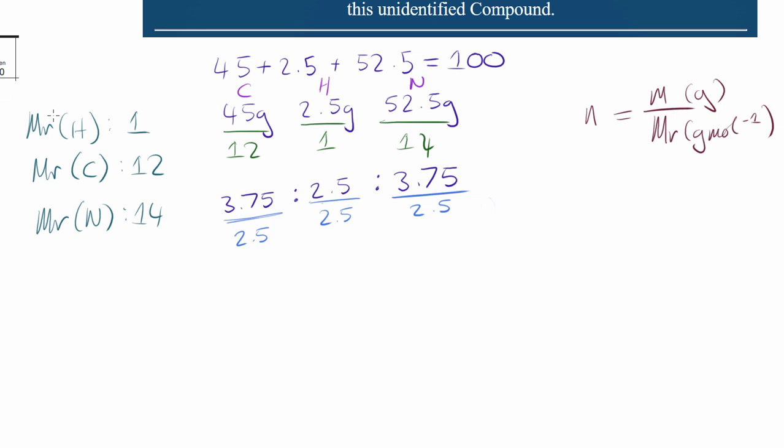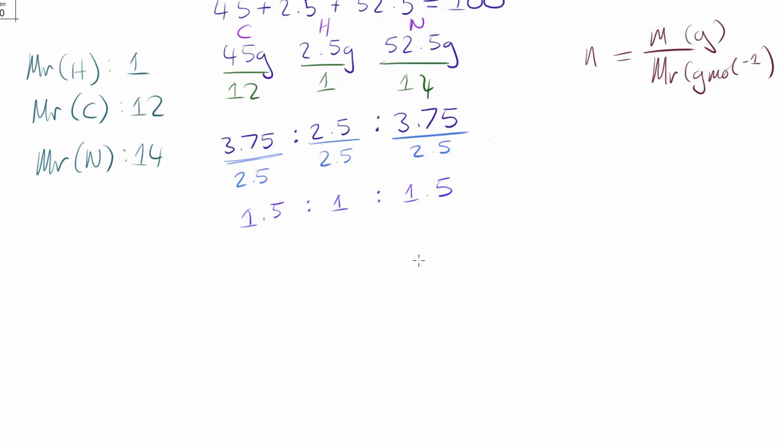With that new ratio, you're going to have 1.5, 1, 1.5. At this stage, it may seem fairly clear what this leads to as far as the final ratio for the empirical formula.